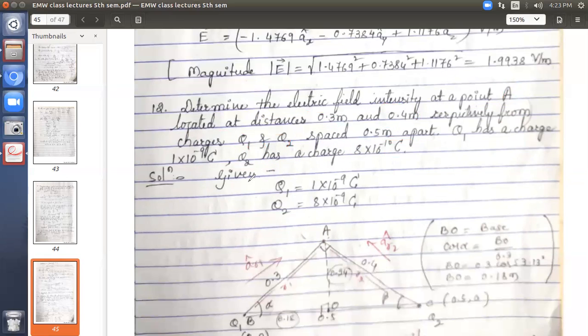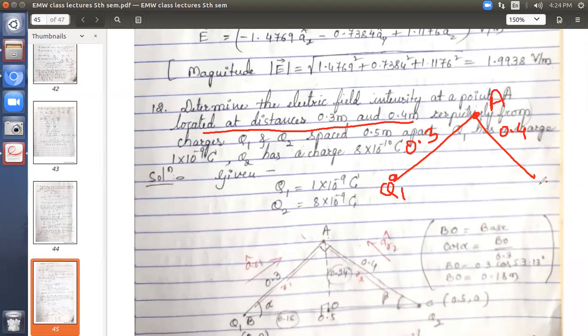According to the given question, let us try to put this into a diagram. If I take some point A, according to the given conditions, it is located at distances 0.3 and 0.4. Assume that this line is of distance 0.3 and this line is of distance 0.4 respectively from charges Q1 and Q2.